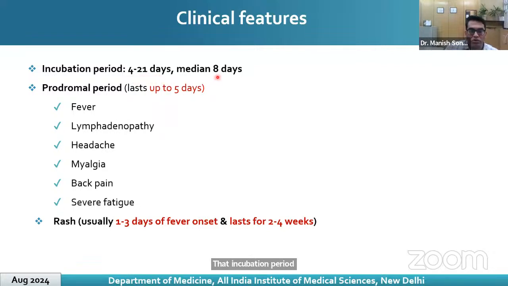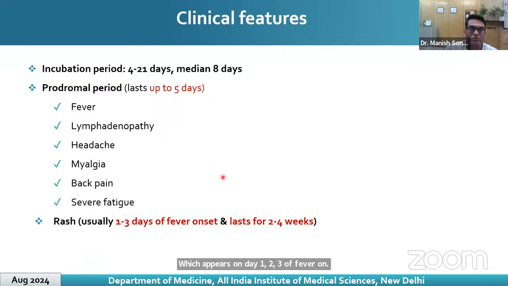During the 2022 outbreak, the calculated median was 8 days. The clinical features initially were a prodromal period of up to 5 days, like any viral fever, with fever, body aches, backache, fatigue, and a rash, which appears on day 1 to 3 of fever onset and lasts for 2 to 4 weeks.